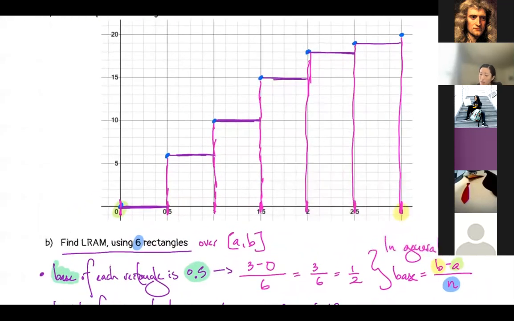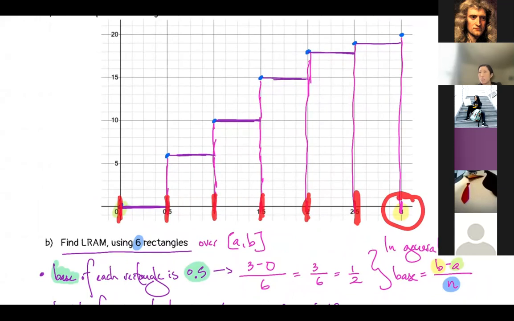When we looked at the picture, we picked all of the left values. This one, this one, this one, this one, this one, and this one. But we only want the left values of each rectangle. If I chose this one, then that would be the right value of a rectangle. So that's why we leave that one out for the left approximation.